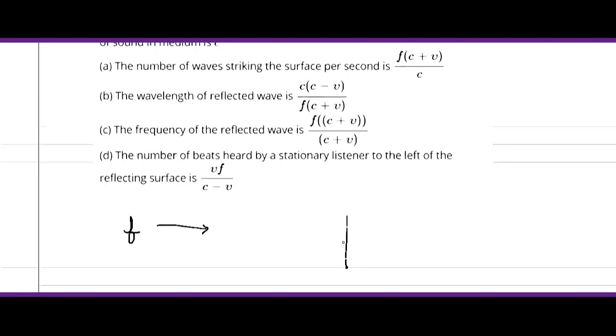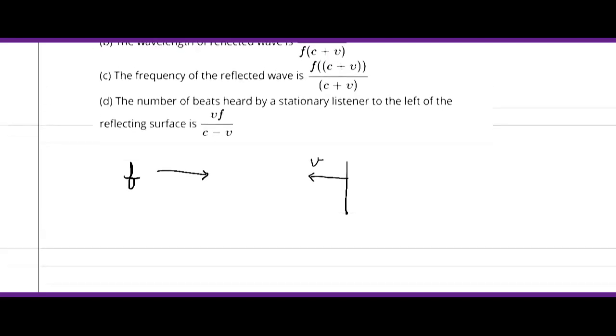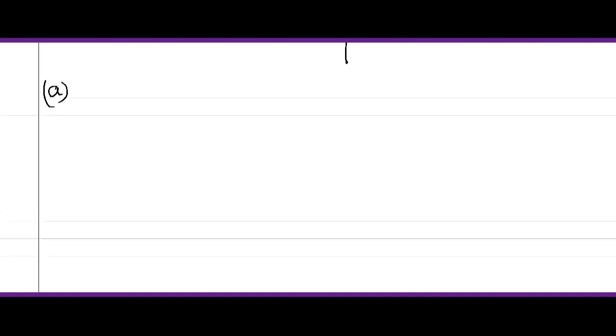After reflection, it moves towards the left, with speed v. Then the speed of sound in the medium is c. First, in part A, we have to find the number of waves striking the surface per second.